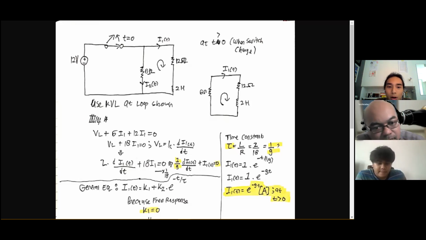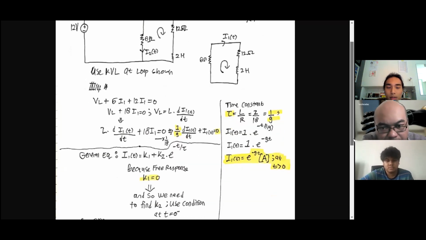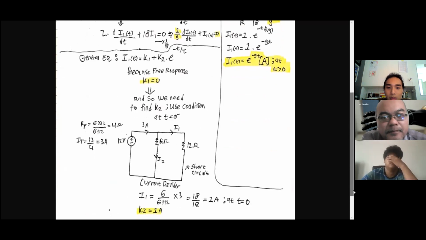We plug the formula into the KVL equation and find this equation. Now we multiply it by 1/18, and we get this form, which explains that this is the time constant, and this is the K1, meaning this is a free response circuit. Next will be explained by Dimas.